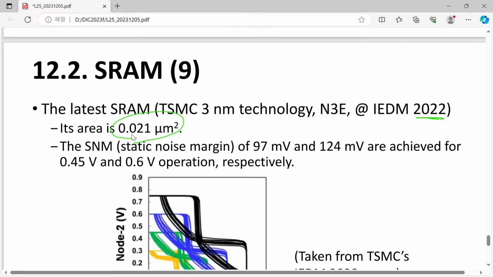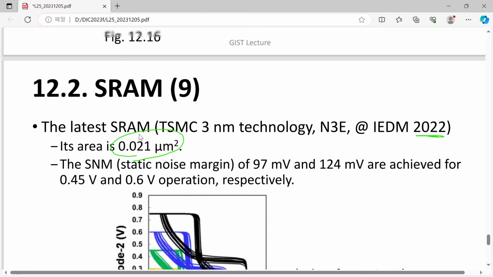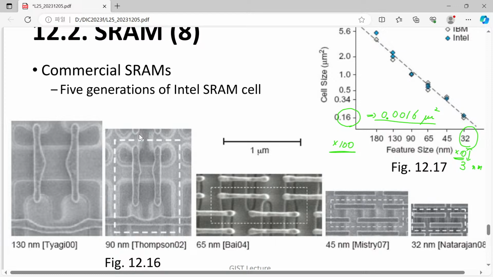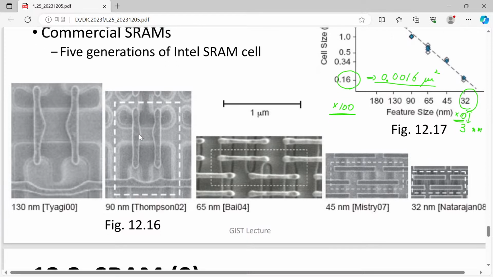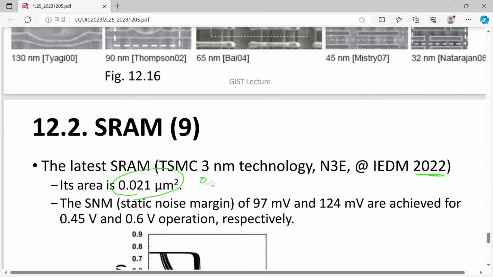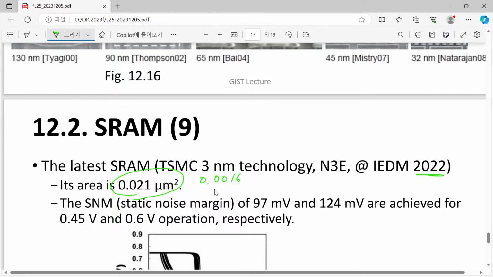However, it is 0.021. What was our expectation, extrapolating from our 32 nanometer scale? That was 0.0016. So compared with this one, it's more than 10 times larger.